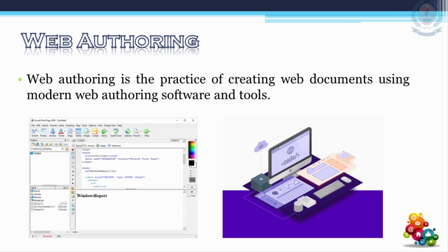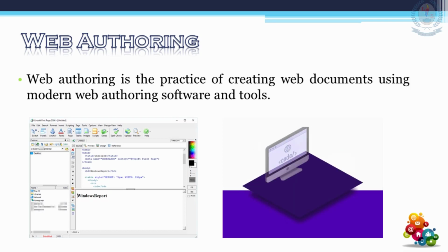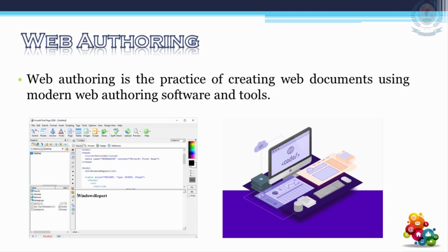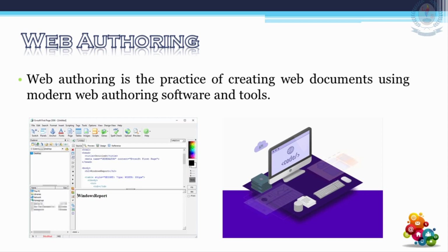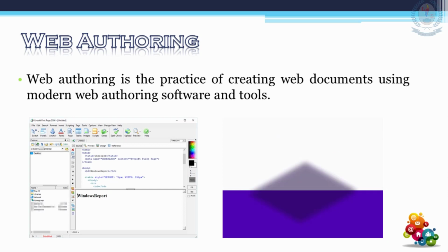Web authoring tools are similar to HTML editors in that they typically allow toggling between an HTML code view and a visual design. Some of these types of tools are also called WYSIWYG. WYSIWYG means what you see is what you get.